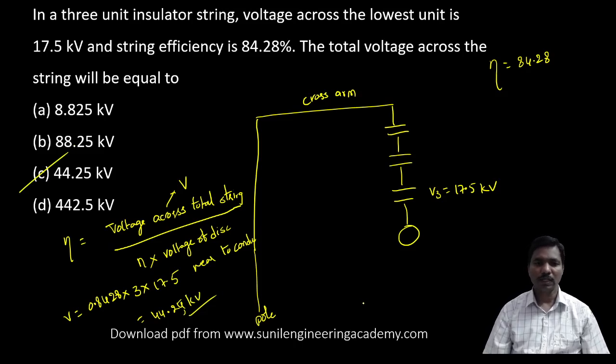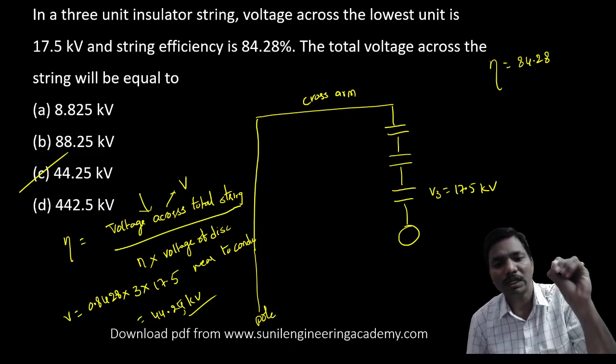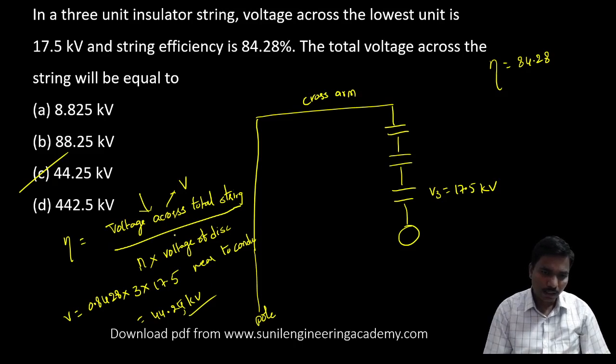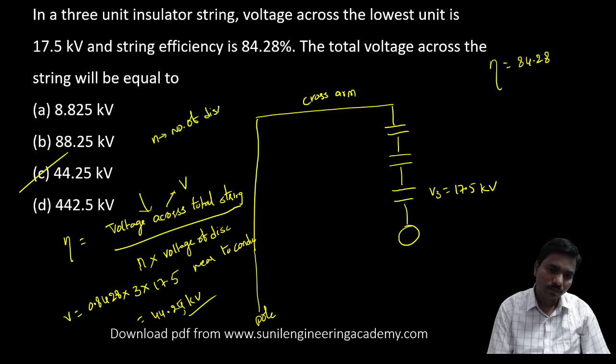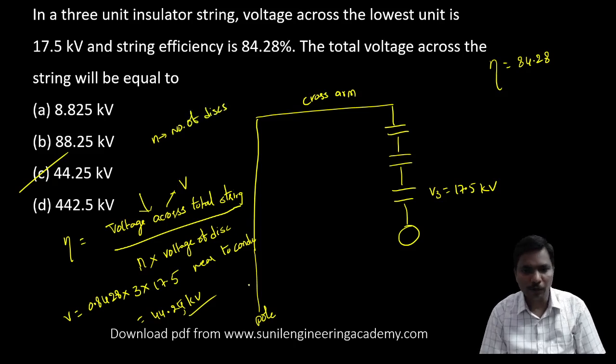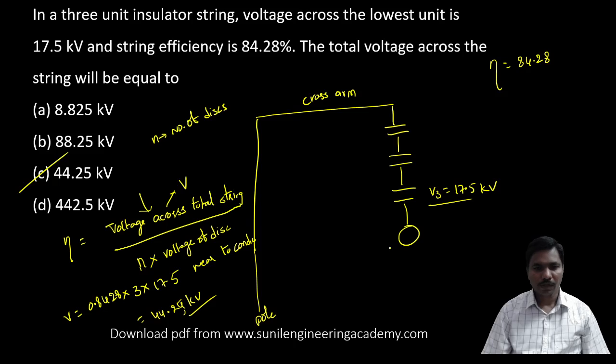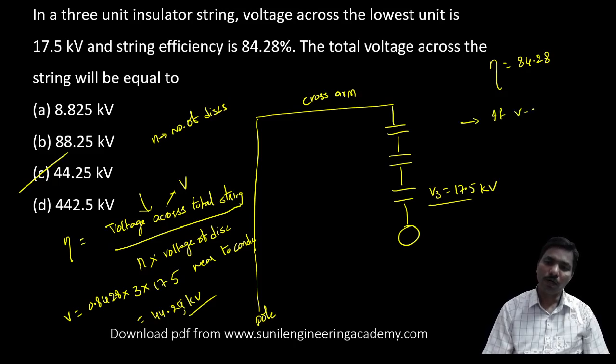Okay, so the string efficiency formula is very important: voltage across the total string by number of discs, N is the number of discs, into voltage of the disc near to the conductor. For example, from this one we can get the idea. If voltages are equal, what will we get?